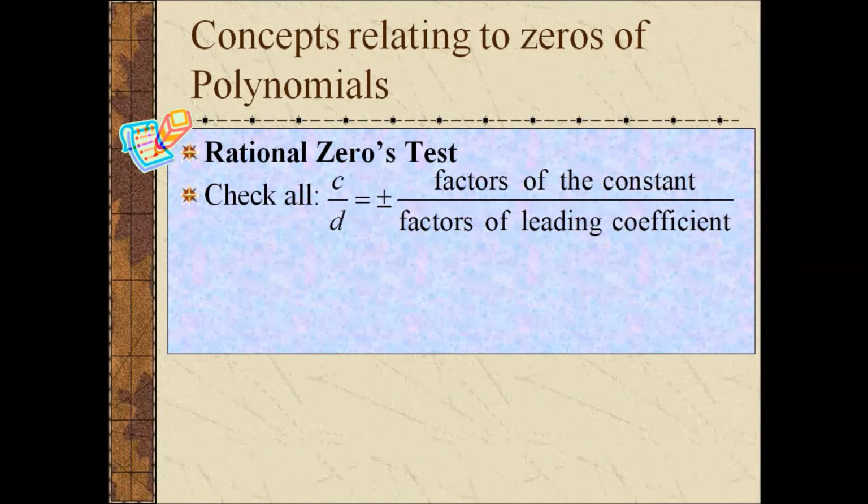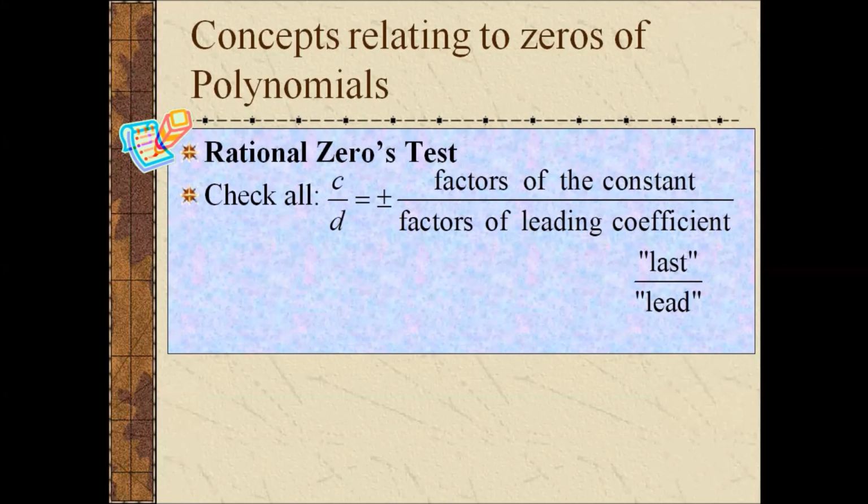So we create all possible fractions of these types, both the positive and the negative versions. Sometimes we refer to this as the last over lead test, because the constant is usually the last number that you see in a polynomial, and the leading coefficient is usually the first number that you see in a polynomial, the leading number.